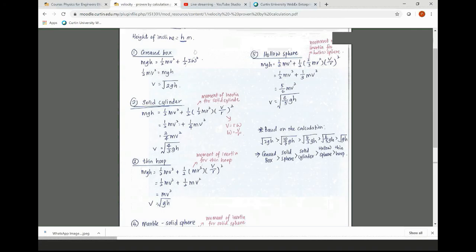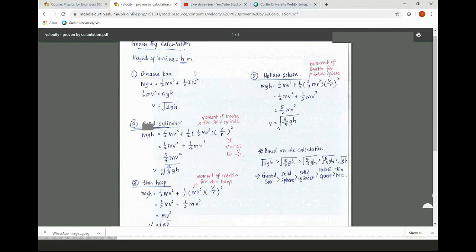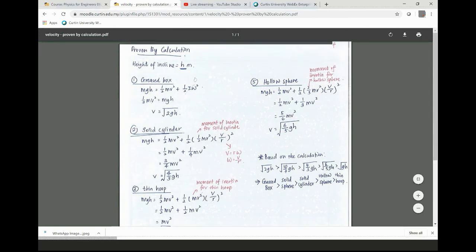It's actually based on the potential energy, kinetic energy, and rotational kinetic energy. Okay. So back to our tutorial.